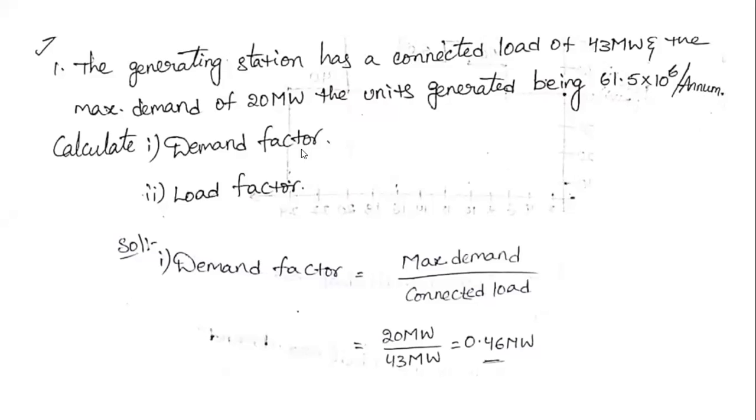Calculate, first, the demand factor, and second, the load factor. Coming to the solution. First, the demand factor. The formula for the demand factor is the ratio of maximum demand to connected load. In the question, the connected load is 43 megawatts and the maximum demand is 20 megawatts.